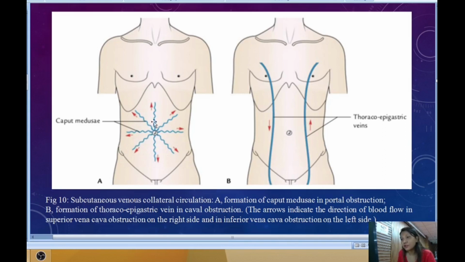You can see this in the clinics when you go to the medicine ward. Sometimes in some patients you can see caput medusae, with veins engorging from the umbilicus, and there is a test also. You have to put a thumb here and see. That test you will be taught afterwards in clinics, but this is very important: caput medusae in portal venous obstruction, and caval obstruction in the obstruction of SVC and IVC.